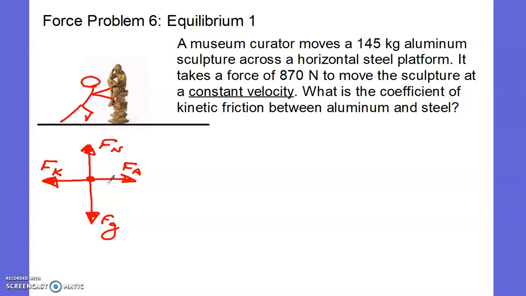We write down our givens. The first given that we have is the mass. And the mass was given to us as 145 kilograms. Then we are also given this 870 newtons. That is our applied force.